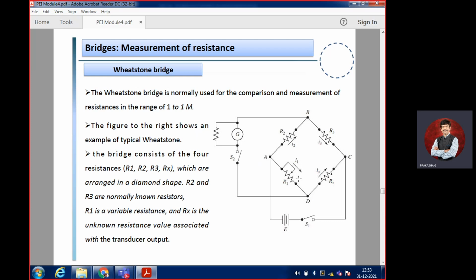Now let us see. Similarly, you know the current also: the current flowing through I1, I2, I3, IX. Four values are there.